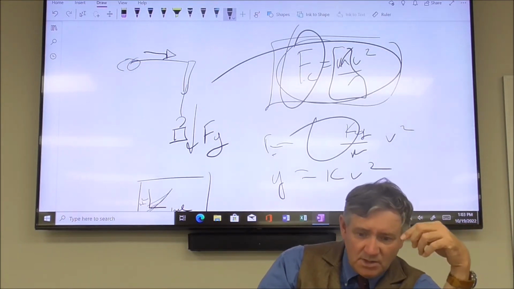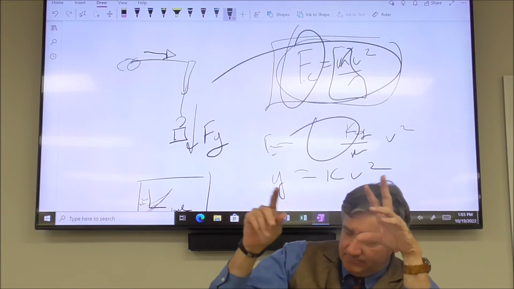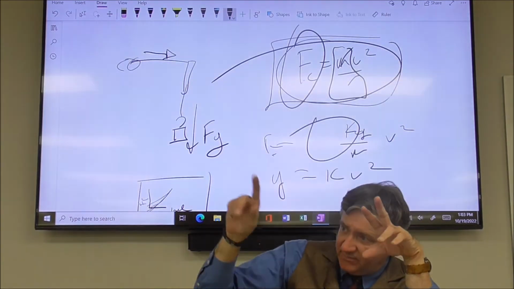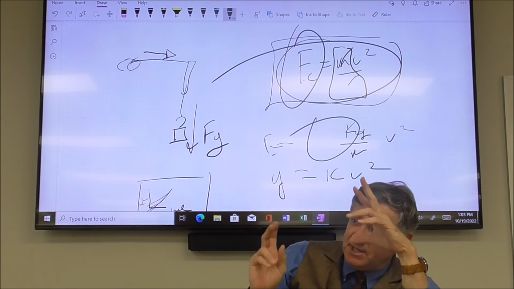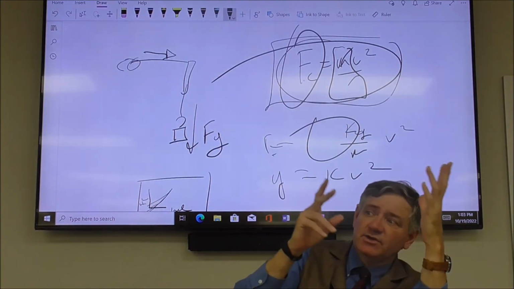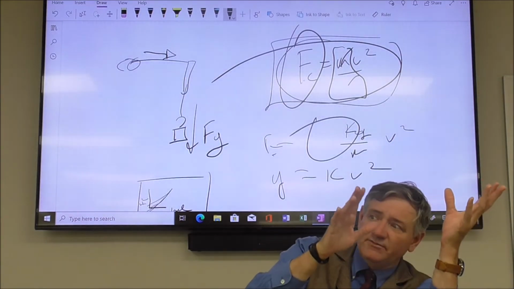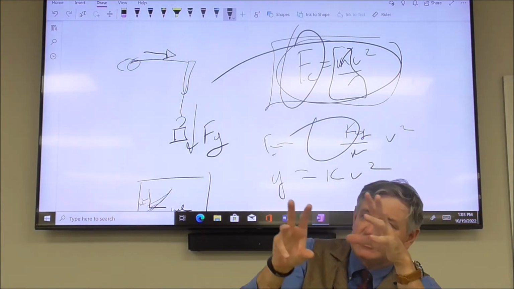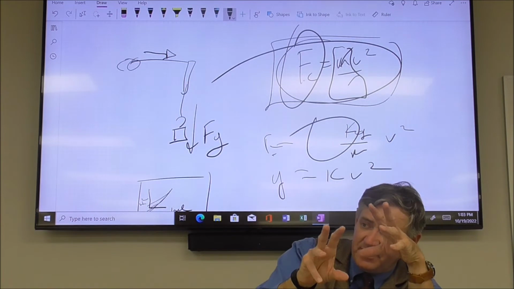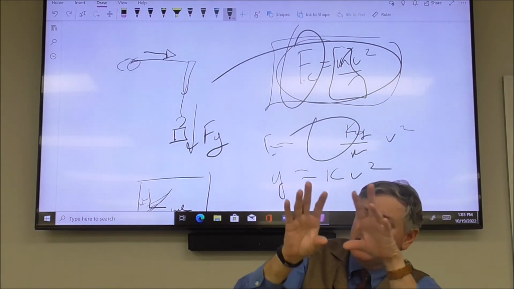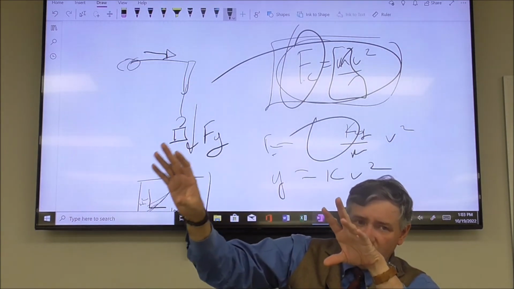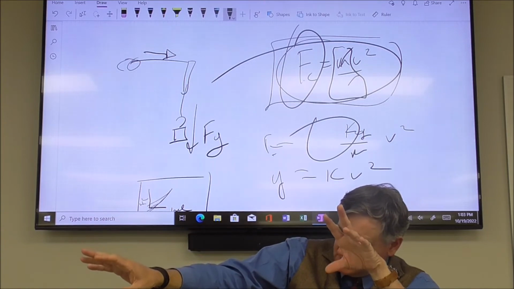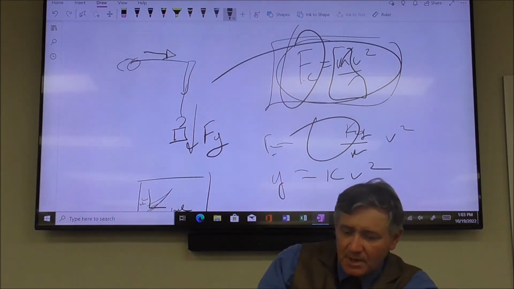So you're going to manipulate force centripetal equals mv squared over r, so that you have what you're graphing on the y-axis by itself, a constant, and then what you're graphing on the x-axis. That's all you have to do.